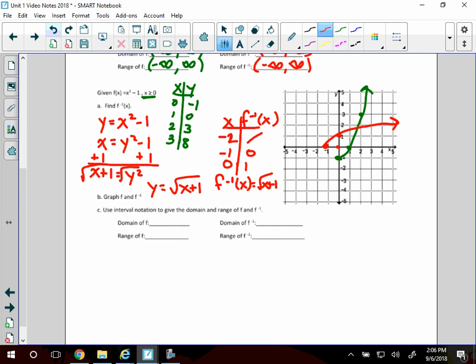All right, so now I'm going to use interval notation to write the domain and range of these two functions. So this is f inverse in red, and this was my original function in green. So the domain, why don't you go ahead and write these out and then check back with me.